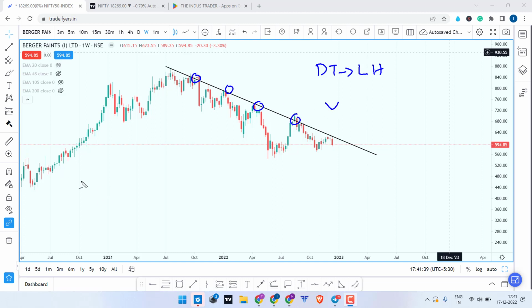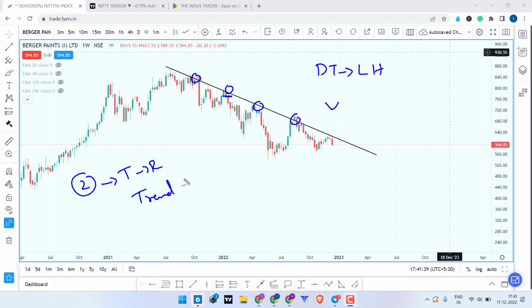We will take the trade in two manners. One is at the rejection of this particular candle, or this trend line rejection, or we also trade if this particular trend reverses.